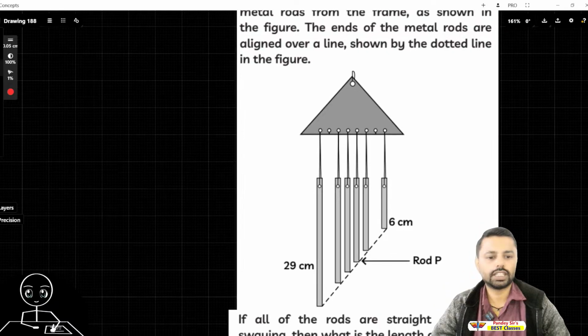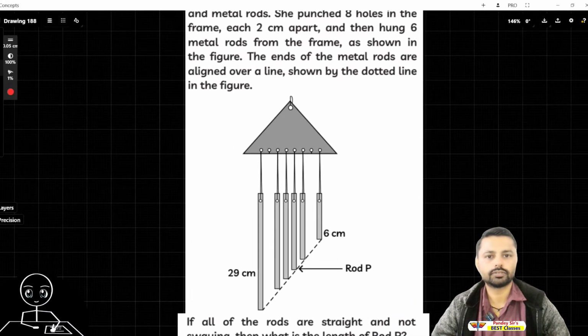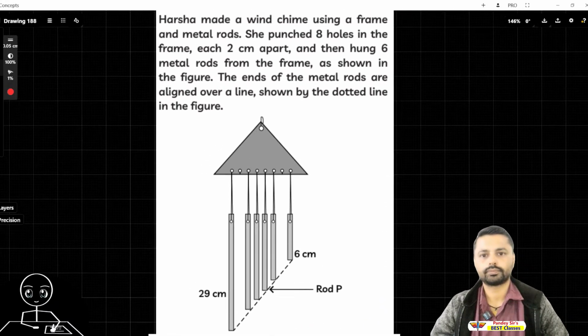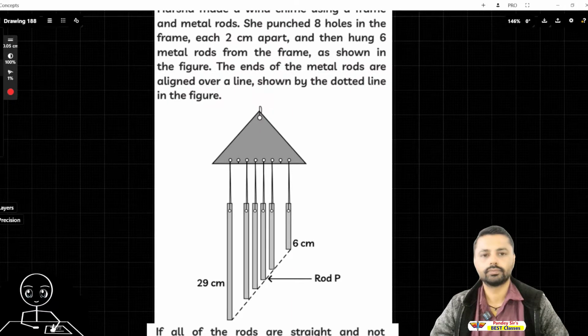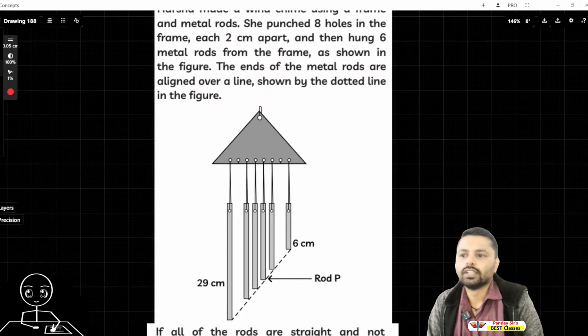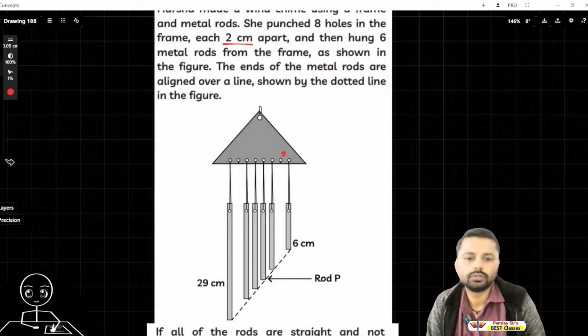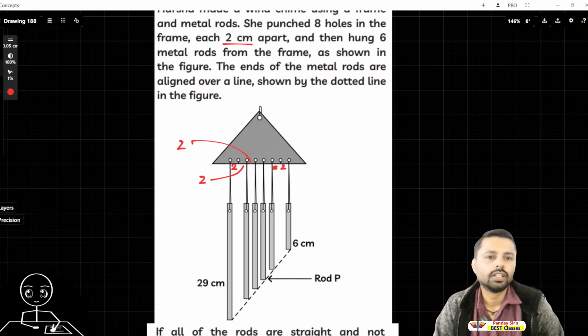So let's first understand this question. Each hole is 2 centimeters apart. So it will be 2, 2, 2, here 2. All gaps will be 2. So this will be 2, this gap also will be 2, this gap also will be 2, all will be 2. Then hung 6 metal rods from the frame.